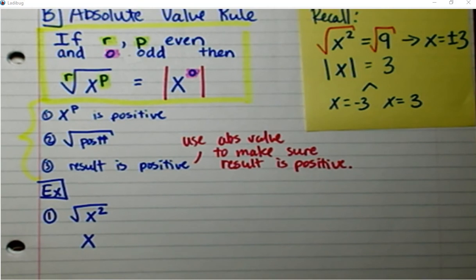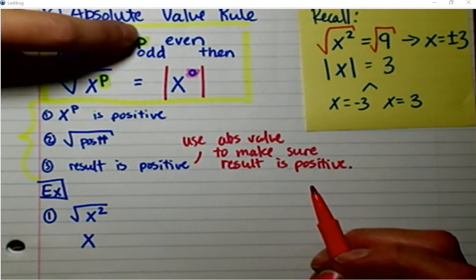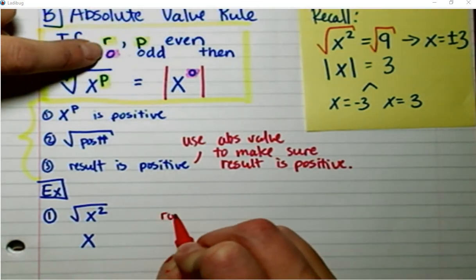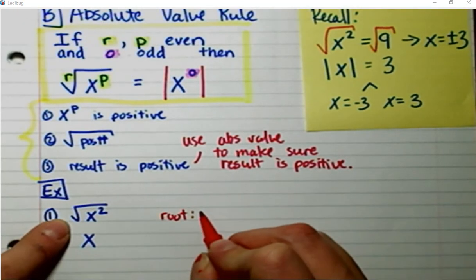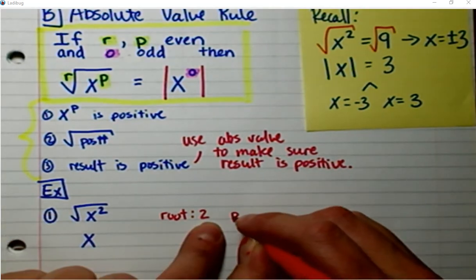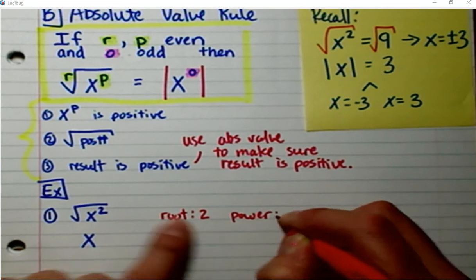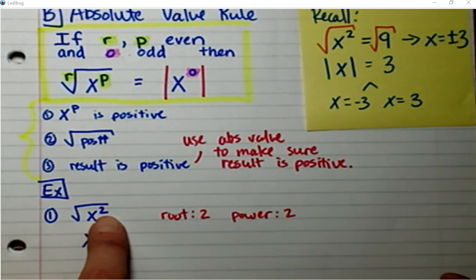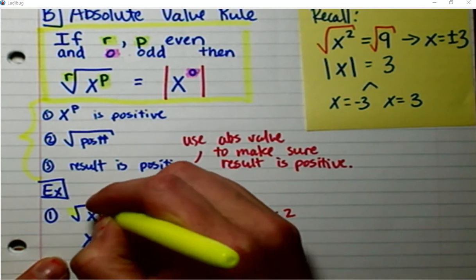Cool. Now we look at the rule. Okay, it's even, even, odd. So the root is 2. The power is 2. Both of these numbers are even.